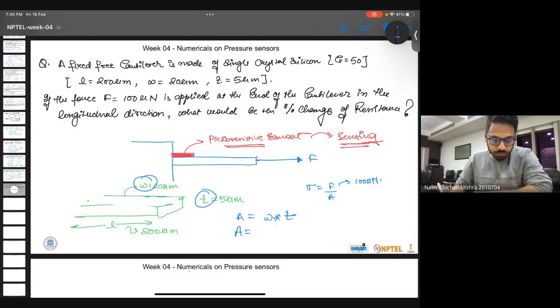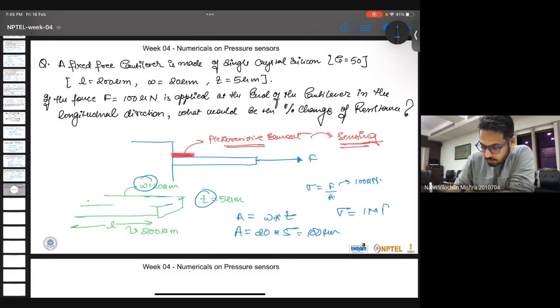So area would be omega times T. What is the value of omega? Omega is 20 and T is 5. So it is 100 micrometer squared, and sigma is 1 megapascal.